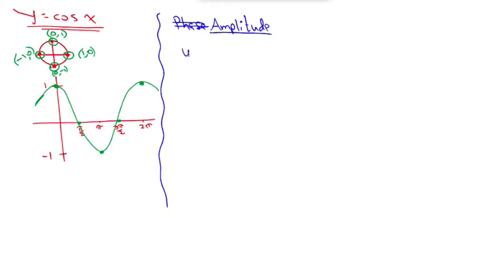So for instance, if I have y equals 3 sine of x, the 3 up front does only one thing. It takes every one of the y coordinates and multiplies it by 3, so it becomes 3 times as high. So where would our normal sine function start?